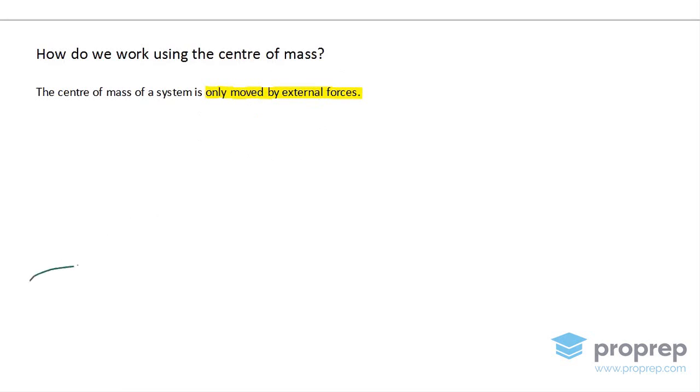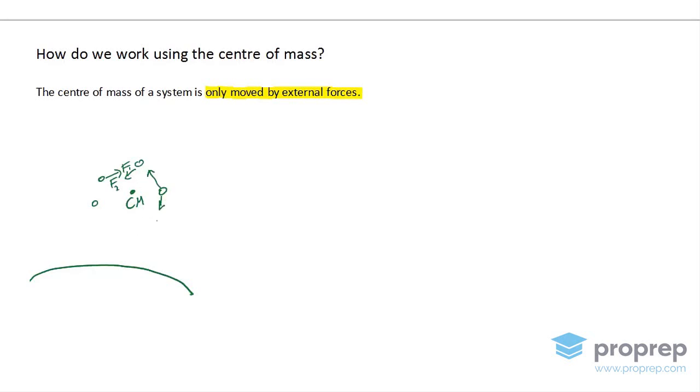For instance, if here we have the Earth, and here we have all sorts of bodies, okay? And we're told that this is our center of mass, okay? Now these bodies can be bouncing off each other with different forces acting all over the place, okay? Also over here, it doesn't matter.